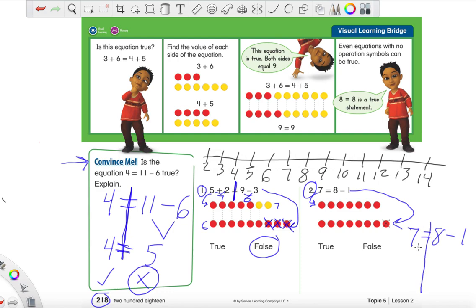I like it. If you have a different method, that's fine. But go ahead and solve number 2 on your own. Make sure you circle the word true if it's correct and it does equal out, or false if both sides of the fence just aren't the same.